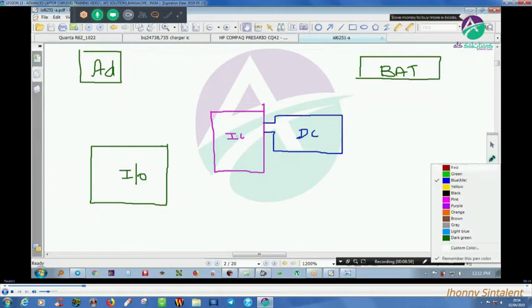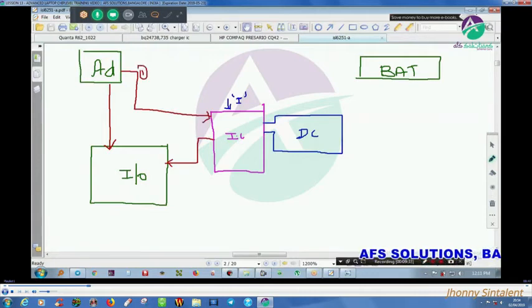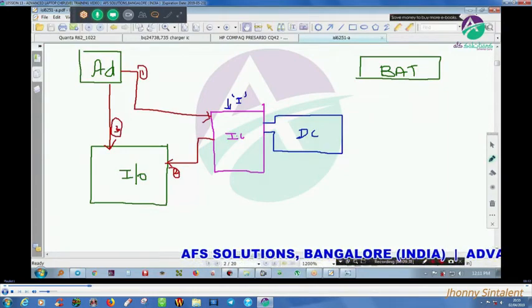In this, I need complete information about current, because a charger IC is a game of current, it is not a game of voltage. So let us put a small chart here. Adapter confirmation should go to the IO controller. How will it go? It will go from the charger IC. Adapter voltage will reach the charger IC. 1, 2, 3. Okay, this is one part.